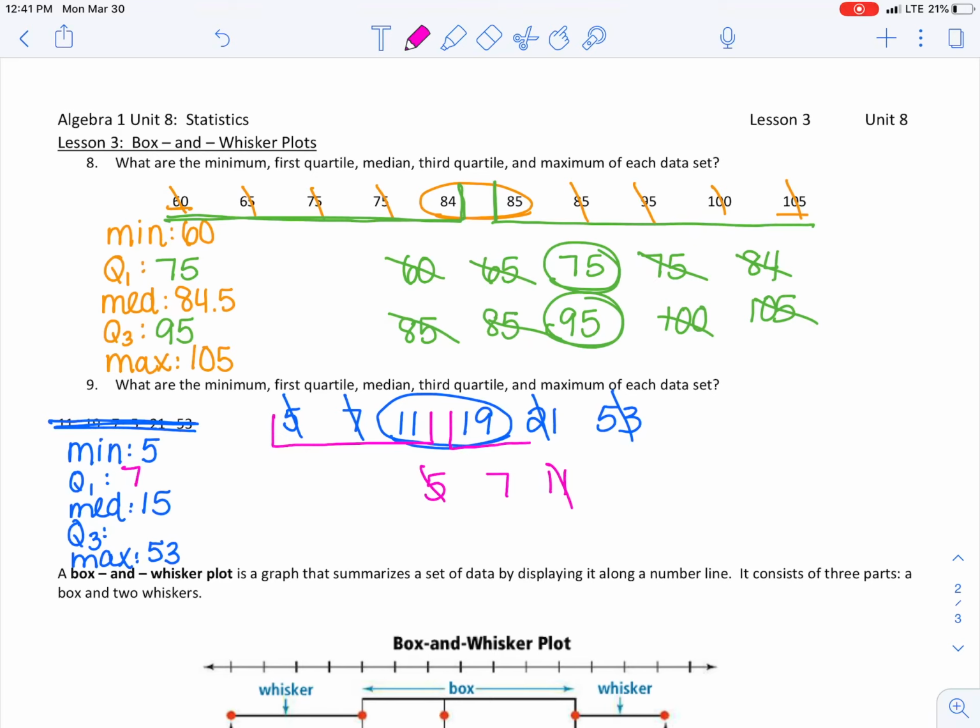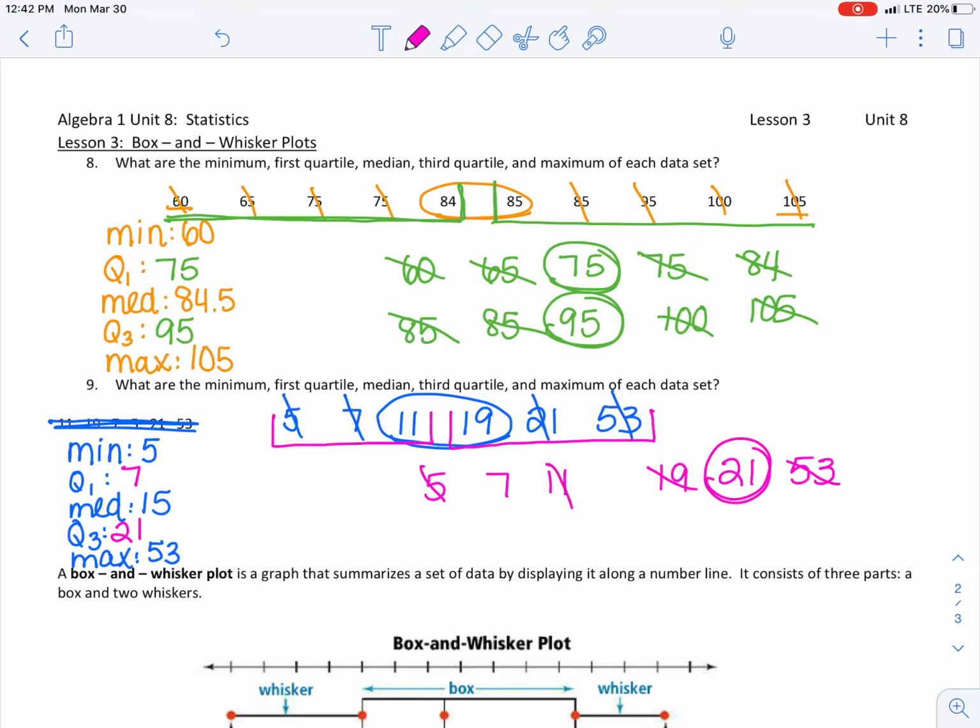Then for Q3, I have 19, 21, and 53. If I cross off on both sides there, I end up with a middle value of 21, which is my quartile 3. So I've found everything I need for number 9.